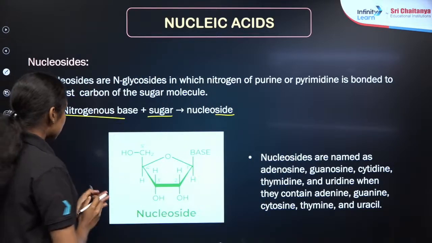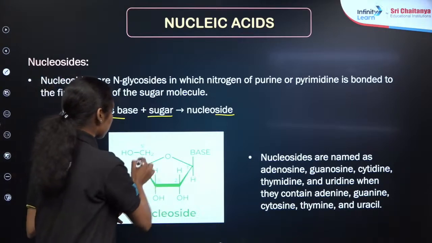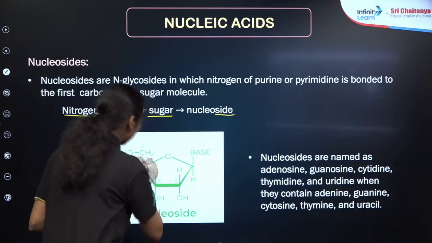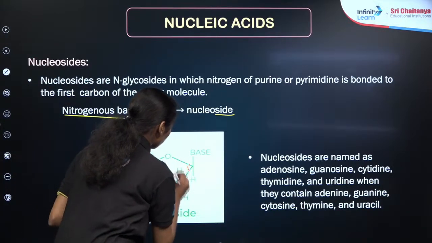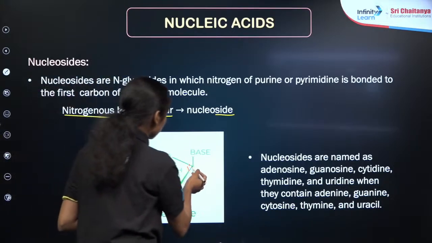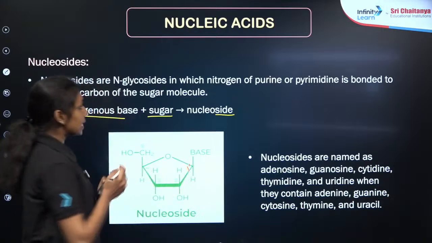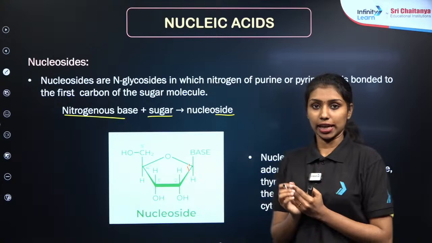So this is the structure of a particular nucleoside. You can see that this is our pentose sugar. In the first position, or the 1' position, a nitrogenous base is attached to the sugar. This particular bond is known as the N-glycosidic linkage.